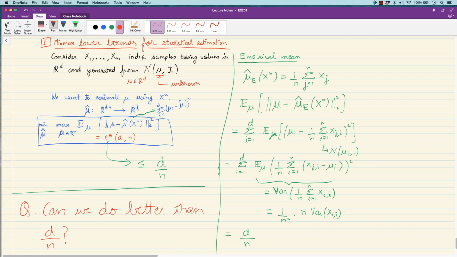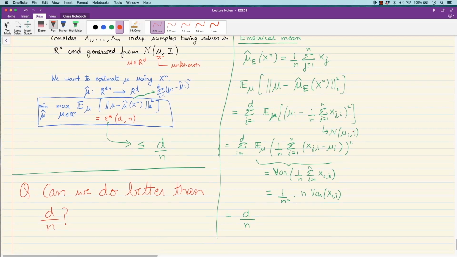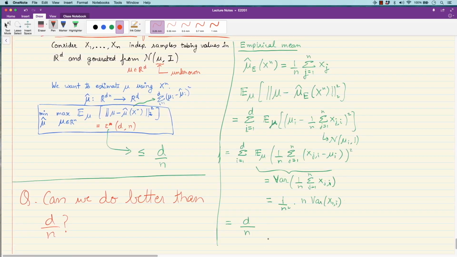In this min-max formulation, we are looking for the best estimator with low worst case error, worst case over the unknown parameter values. We saw that the empirical mean has worst case error d by n. And the question is, can you do better? To answer this question, we need to derive a lower bound on E star d n, and this is what information theory will help us provide. So how do we get this lower bound?